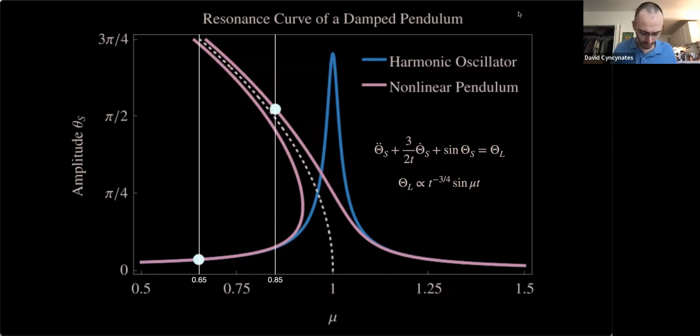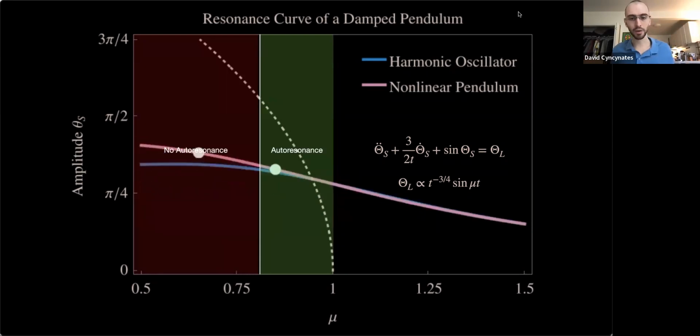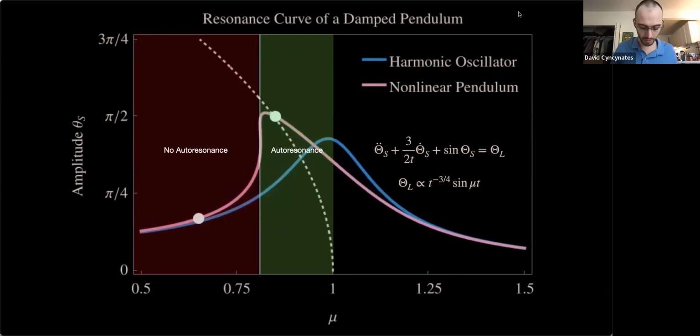So where is this threshold where you get lifted up and where you get dropped? Well, we can see this by looking at the same video and pausing at a particular instant. When the resonance curve becomes vertical, we see that any point to the left will not get lifted up and any point to the right will.